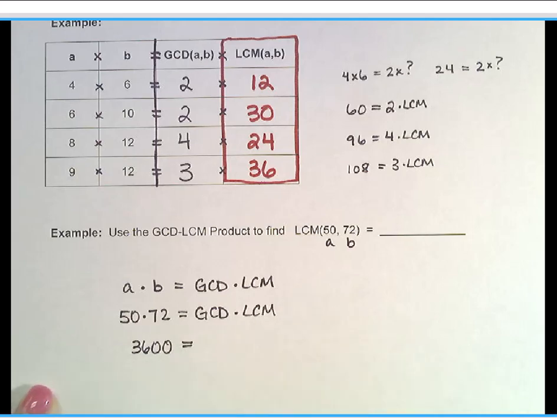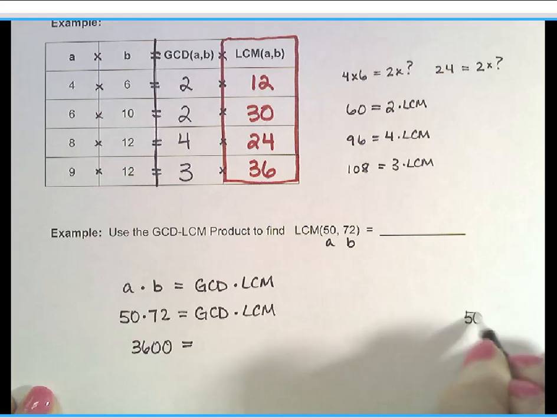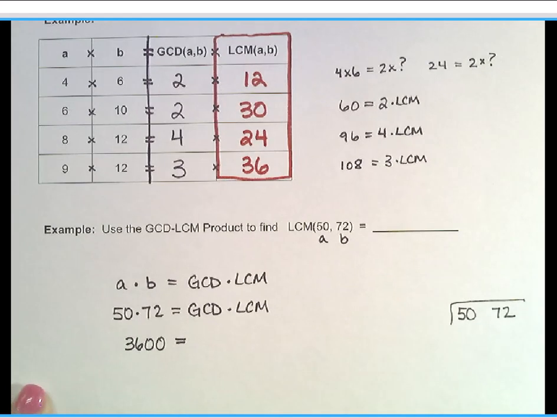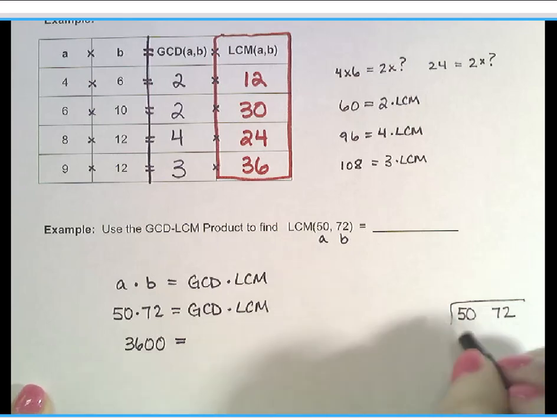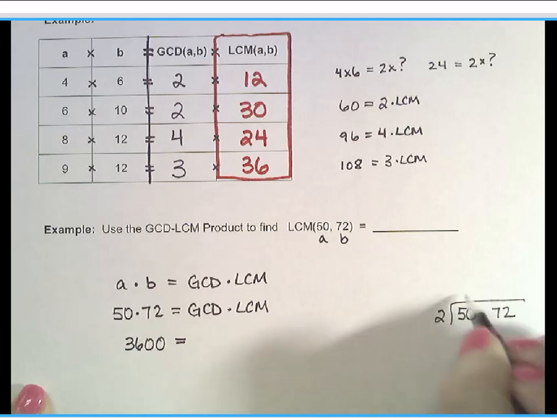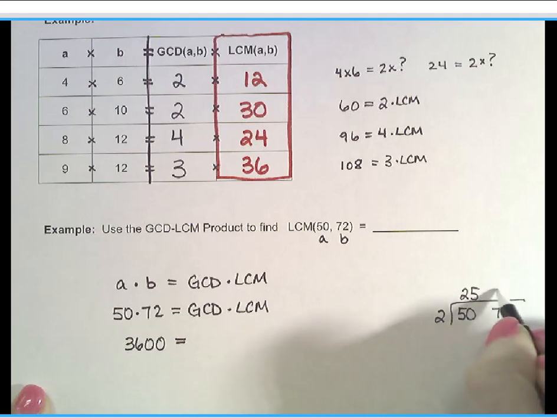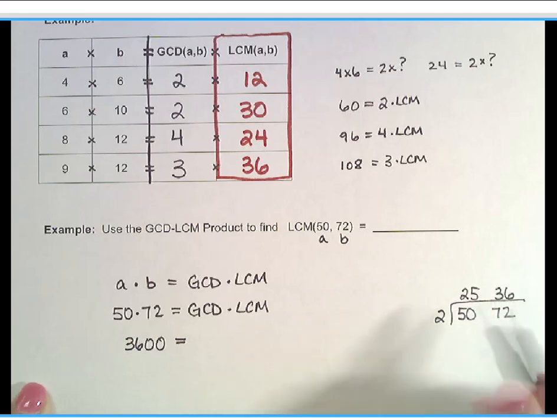Let's see if we can figure out what the GCD would be. You can use another method to find the GCD. I'm going to use our little division by primes method over here on the side. A number that will divide into 50 and 72 is 2. They're both even. So 2 goes into 50 25 times, 2 goes into 72 36 times. Will something divide into 25 and 36?